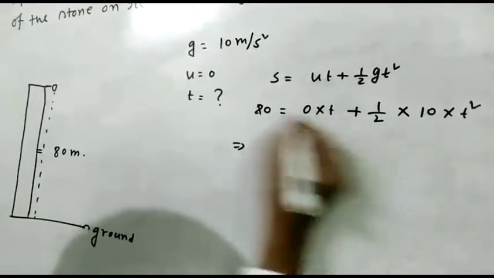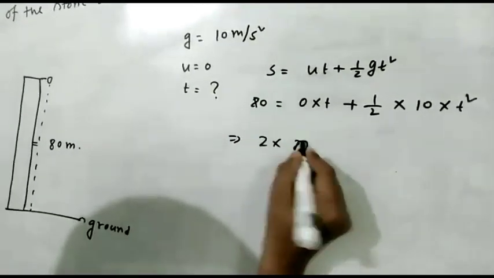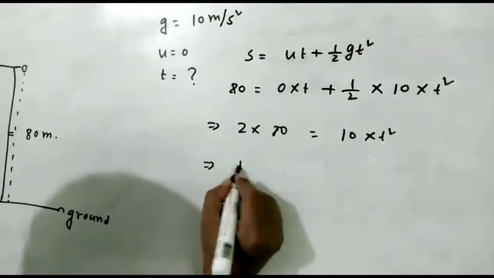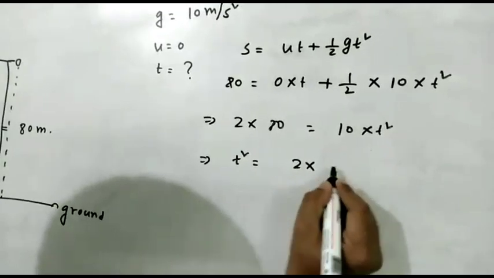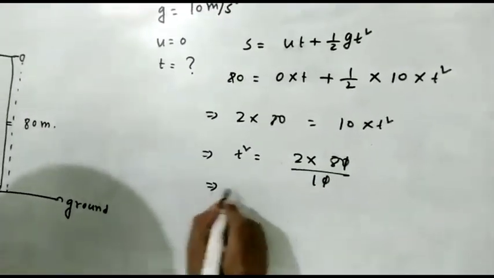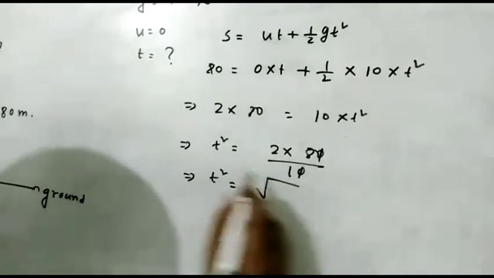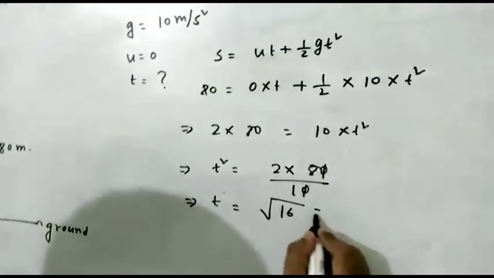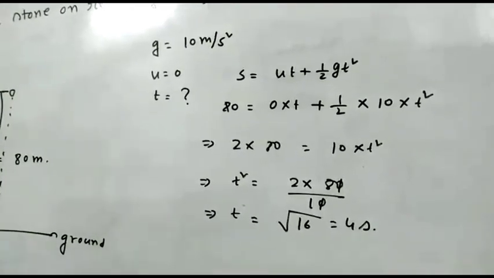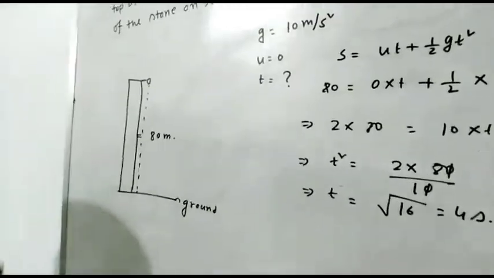So 2 into 80 equal to 10 into t square. So t square equals 2 into 80 by 10, the 0s cancel out. So t square equals 16, t equals under root 16, that is equal to 4 seconds. So the time taken to reach the ground will be 4 seconds.